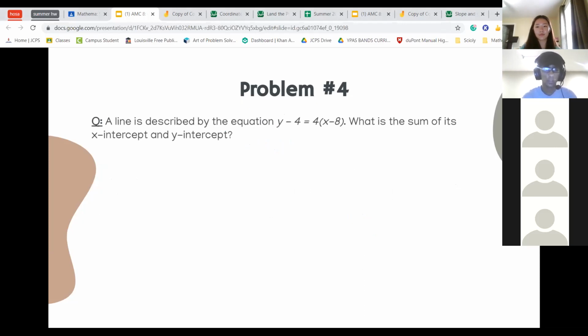Okay. A line is described by the equation y minus 4 is equal to 4 times (x minus 8).